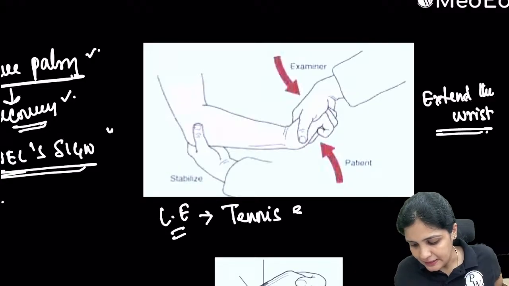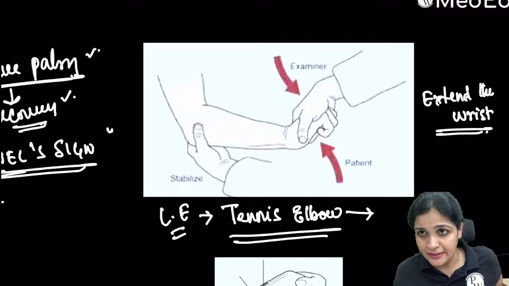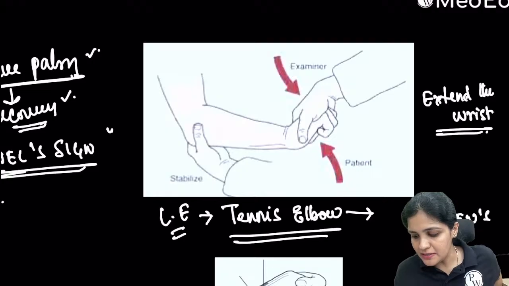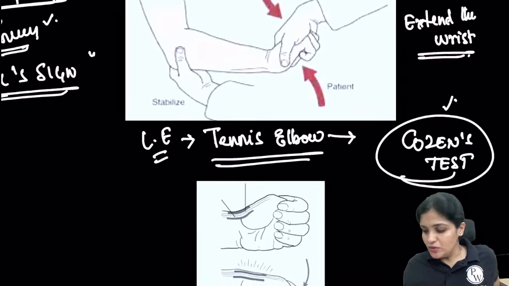Yes, correct. Tennis elbow. What is this test? Name of the test? Cozen's test. Very good. Yes, this is called the Cozen's test.